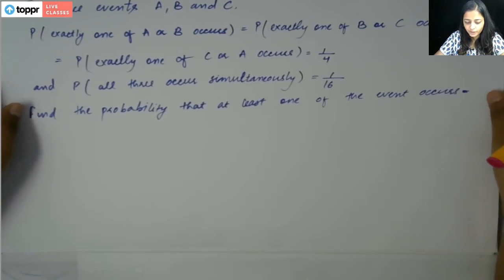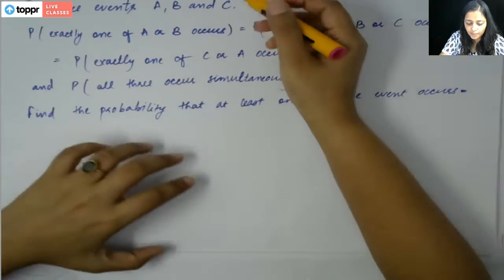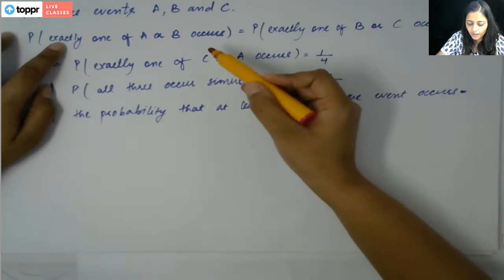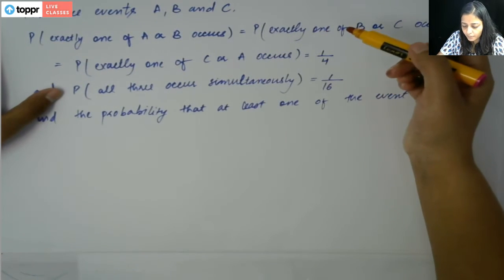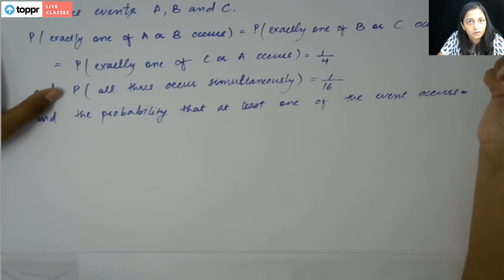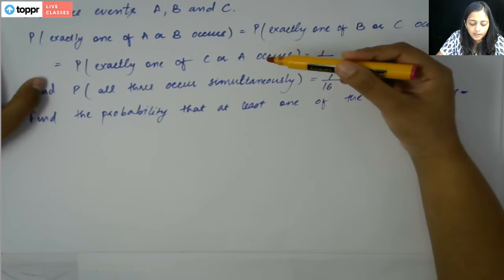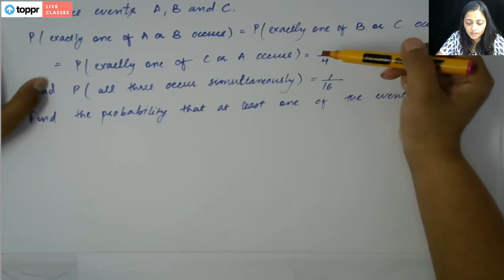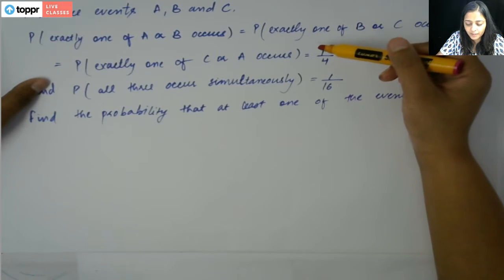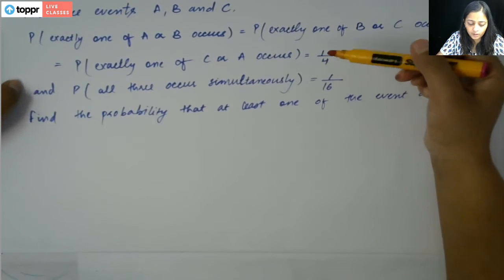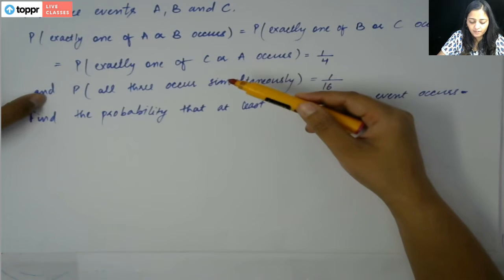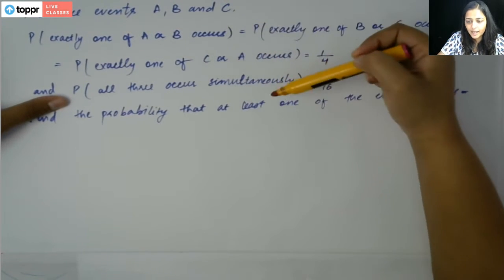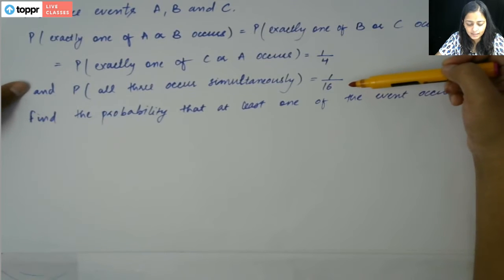Here we have the next question. For 3 events A, B and C, the probability of exactly one of A or B occurring is the same as the probability of exactly one of B or C occurring, which is equal to the probability of exactly one of C or A occurring, and all these 3 probabilities are equal to 1 by 4. And we have been given that the probability of all the 3 events A, B, C occurring simultaneously is 1 by 16.